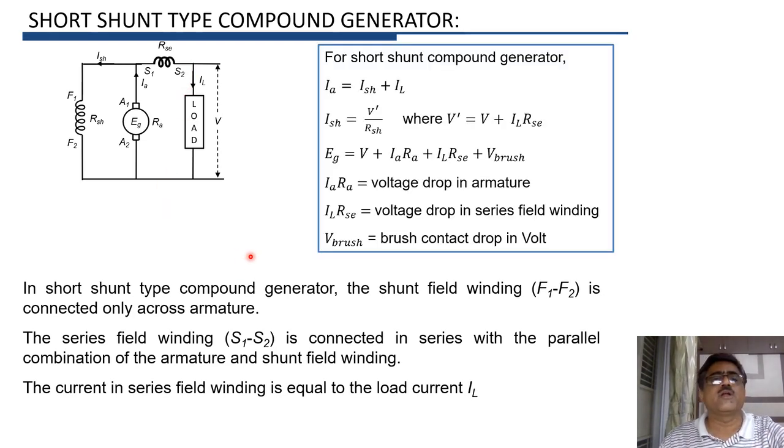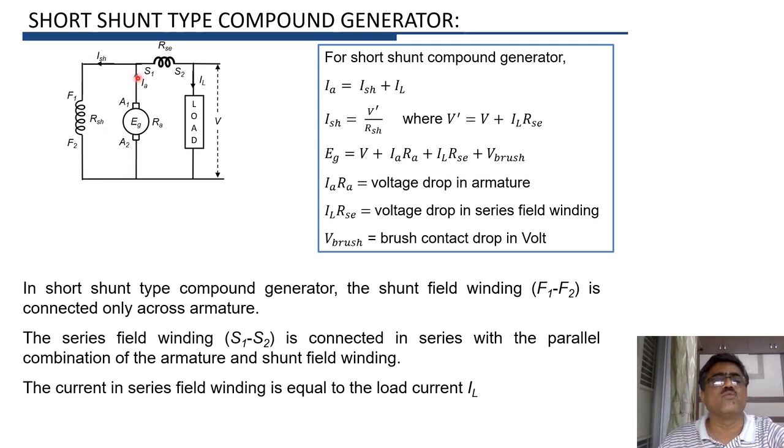Now for short shunt type compound generator, with the help of this diagram, we can write important expressions. So first of all, applying Kirchhoff's current law here, IA is equal to ISH plus IL. Because IA is the incoming current, ISH and IL are the two outgoing currents. Now current ISH is equal to voltage across the shunt field winding divided by RSH.